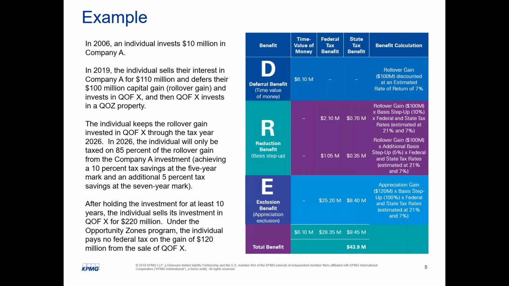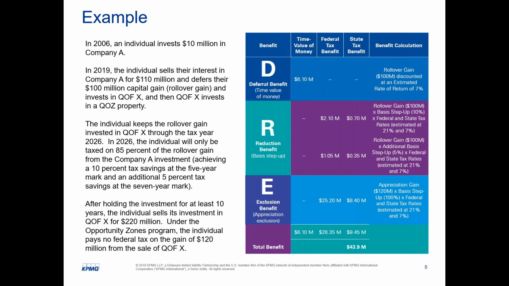Okay, so let's talk about if you have interim sales. The program does allow you to have interim sales, but if you sell something, you then need to reinvest those proceeds back into another QOF related business or property. But the gain that was generated on that interim sale is taxed just like any other gain. So how I always look at this is that the QOF program really has a lot of effort at the initial date where you're making the contribution and then the exit date.